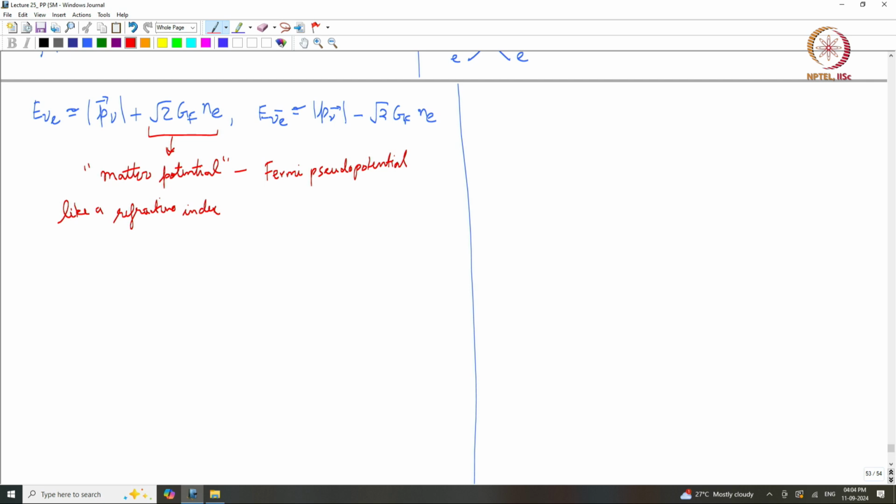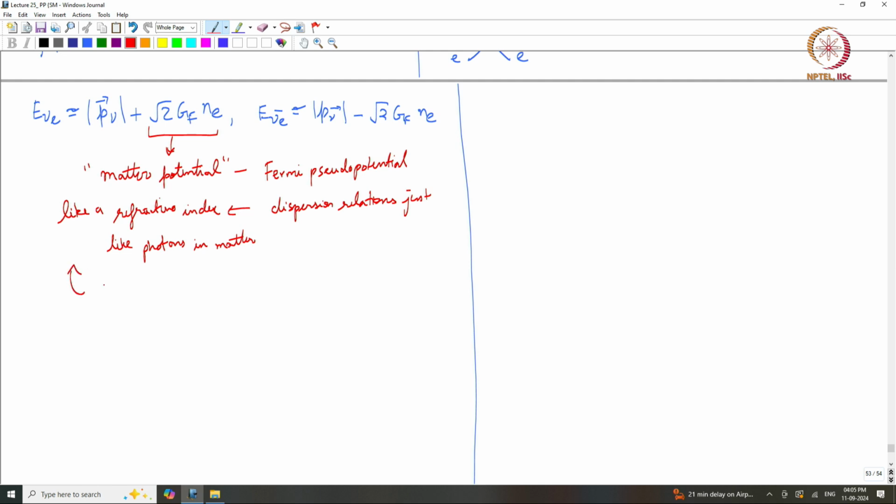Why? Because you have changed the dispersion relations, which is literally the relation between energy and momentum, that is literally what we changed up here. So, just like photons in matter, light through glass for instance, or water.